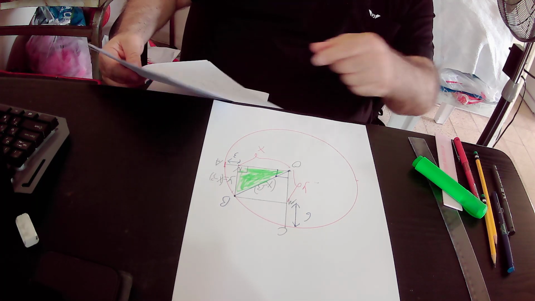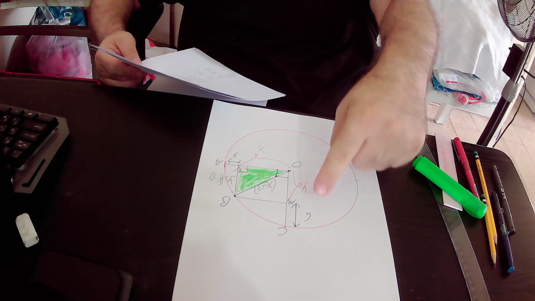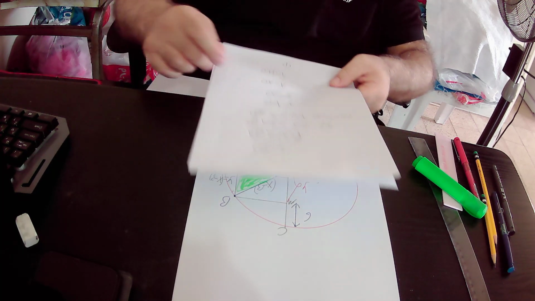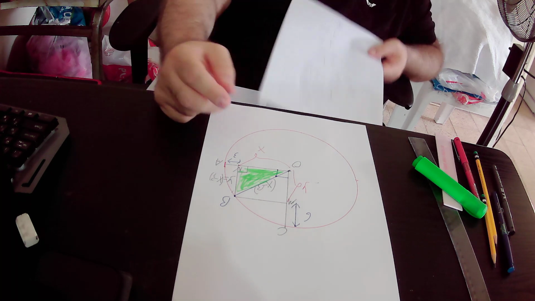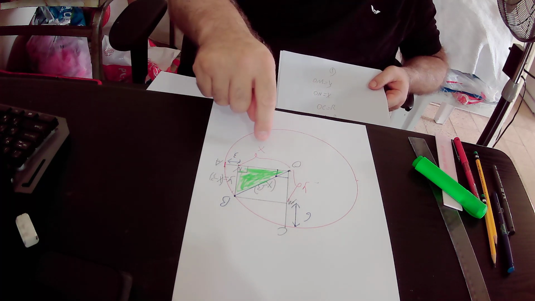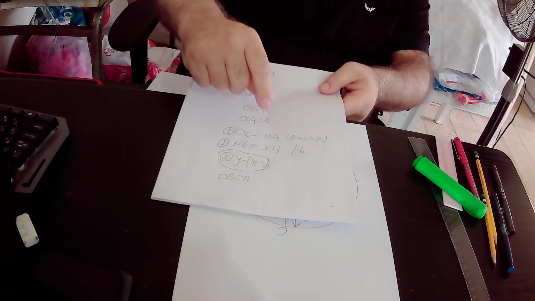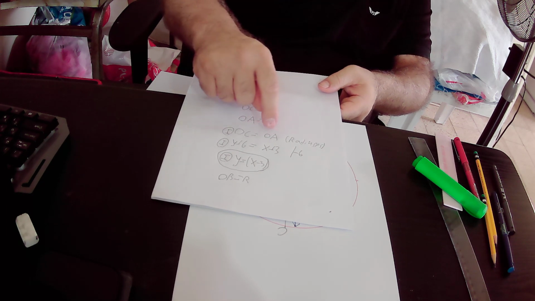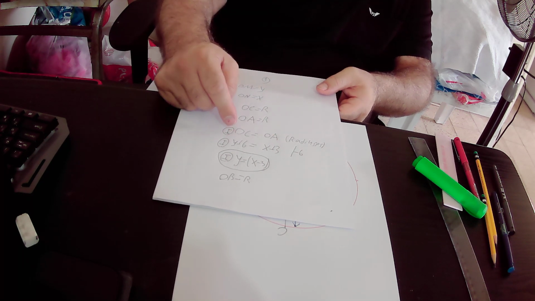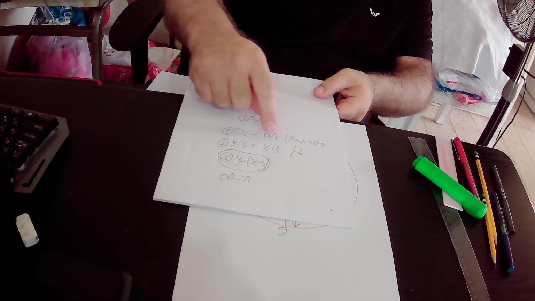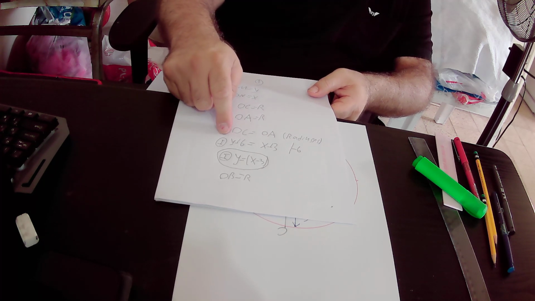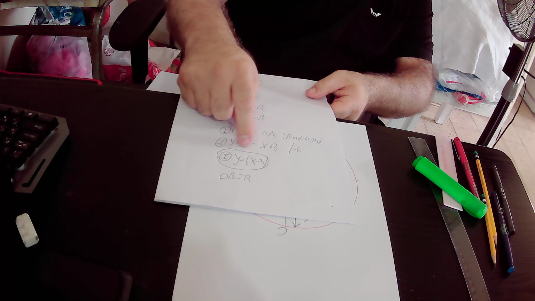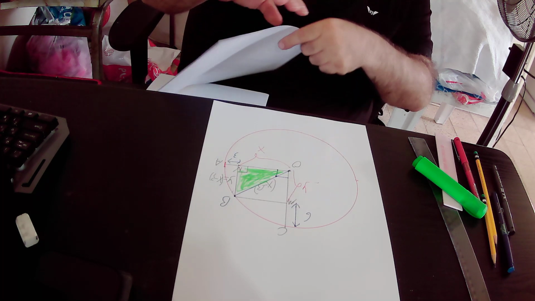But we know that OC equals y plus 6, so we can substitute OC in the first equation by y plus 6. And also OA equals x plus 3, so we can substitute OA by x plus 3. So we got that y plus 6 equals x plus 3. We subtracted 6 from this first equation and we got that y equals x minus 3.